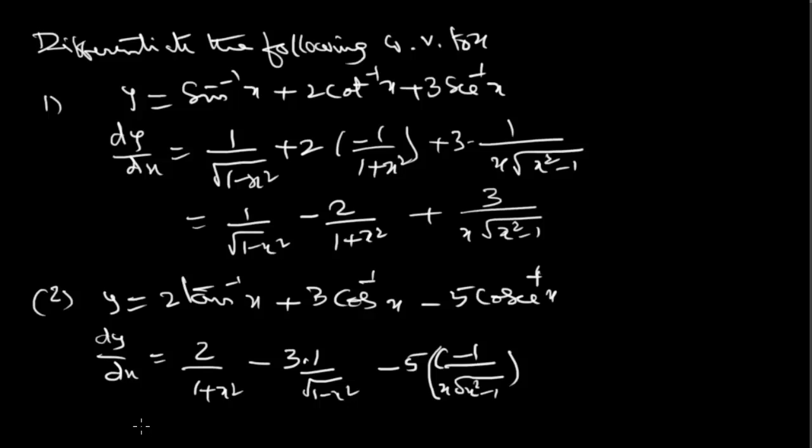That can be rewritten as 2 by 1 plus x squared minus 3 by root of 1 minus x squared, minus 5 into minus, which is plus 5 by x into root of x squared minus 1.